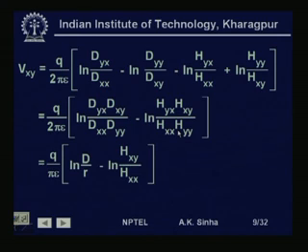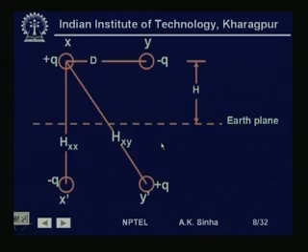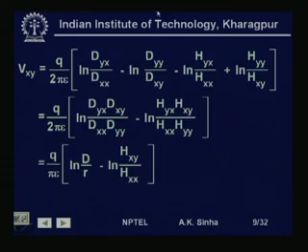Now, considering the symmetry of the figure, h x x will be equal to h y y and h x y will be equal to h y x. Also, d x x is equal to r x and d y y is equal to r y, and if both conductors have the same radius, it is equal to r.